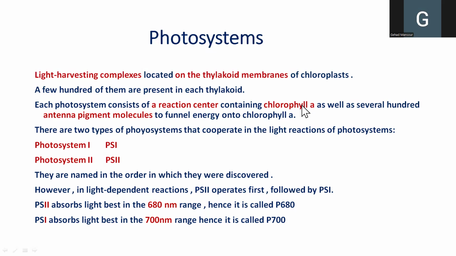seeing in the diagram. Around this most important molecule that is called chlorophyll A, we have other pigment molecules that we call antenna pigment molecules. They surround the chlorophyll A molecule, or the reaction center, and they help this chlorophyll A molecule to attract all the energy and absorb it, to try to absorb as much energy as possible.